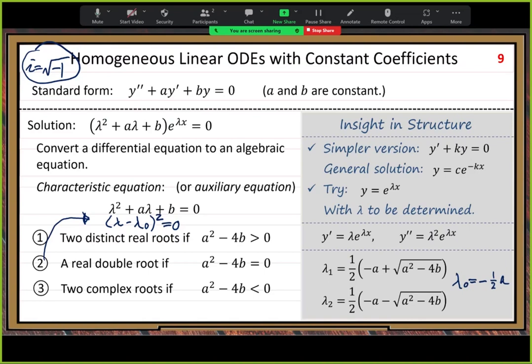Here, in this case, there are two complex roots. Don't throw them away. If you throw them away, you cannot find two solutions. So keep it, and we will find two solutions, and you will see that in the two solutions, the complex symbol will be gone.